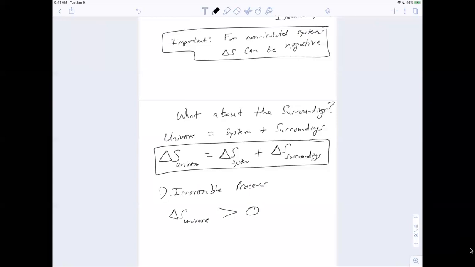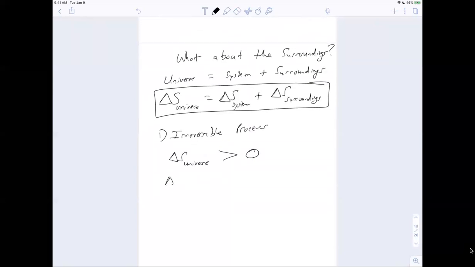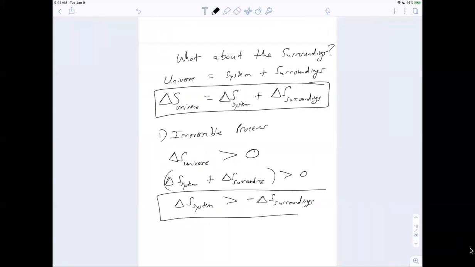So if you have a process that occurs irreversibly, the entropy of the universe has to increase, which means then that delta S of the system plus delta S of the surroundings is greater than 0. And that means that delta S of the system is greater than negative delta S of the surroundings. And that's a very important result for an irreversible process.